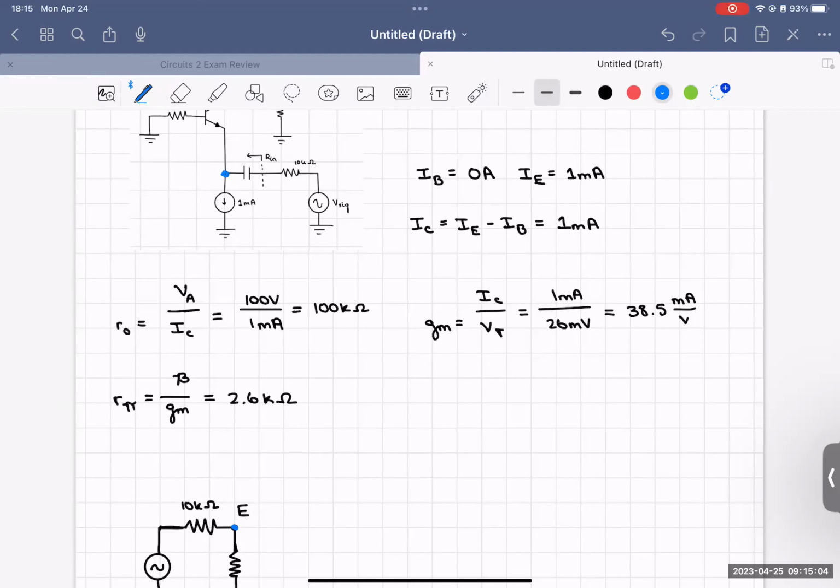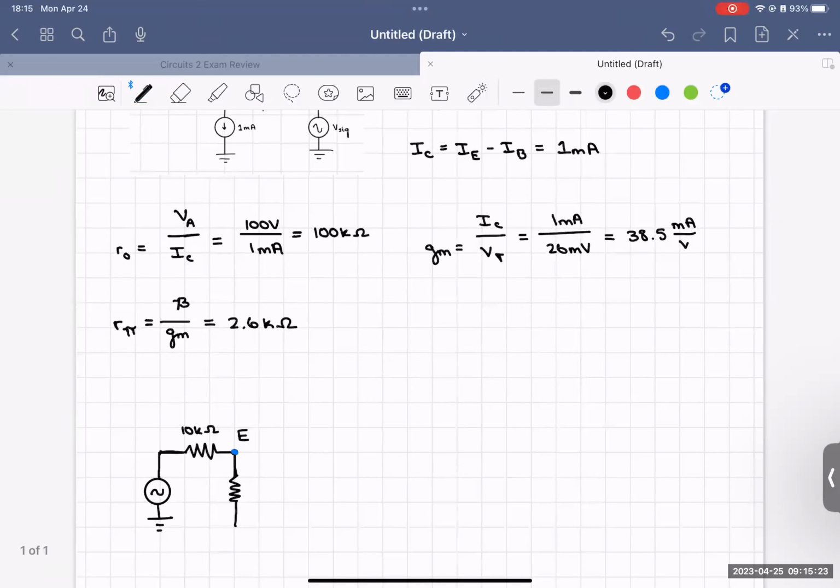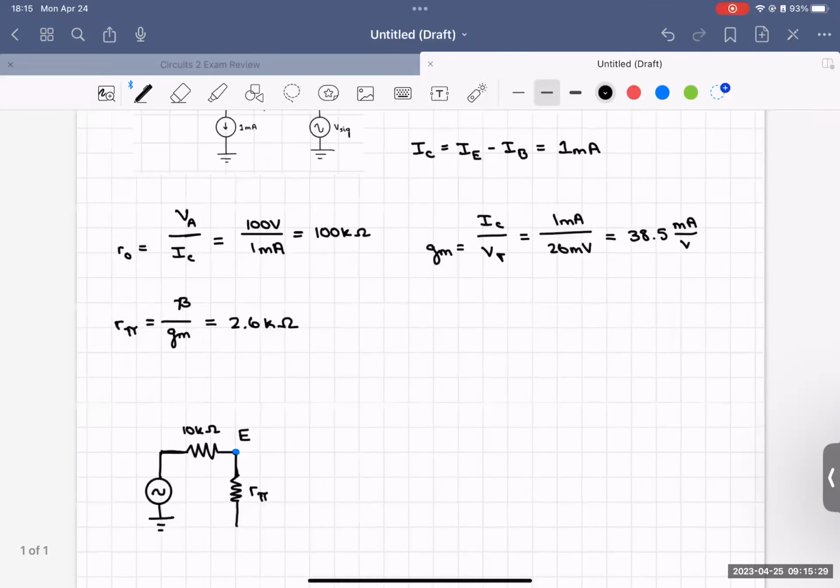So now we're going to have that 20 kilo ohm resistance here in blue. Sorry, I believe I just said little r o.